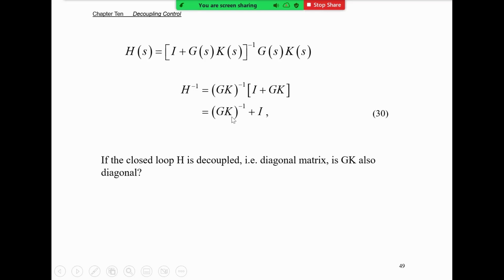Can we conclude that G times K must be diagonal? Has to be. Therefore, from this expression, we know that the closed loop H is decoupled if and only if G times K is decoupled. That will simplify the design.